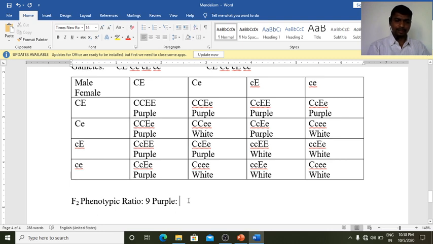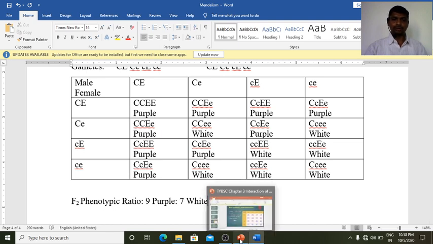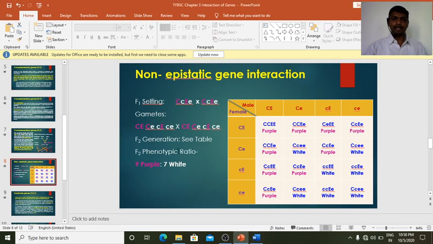So there are 7 white. So this is about the complementary gene, and the F2 phenotypic ratio is 9:7. This is the modification of Mendel's dihybrid ratio, 9:3:3:1, into 9:7. So this is about the complementary genes. I hope all of you understand this. Thank you. Be safe. Stay at home.